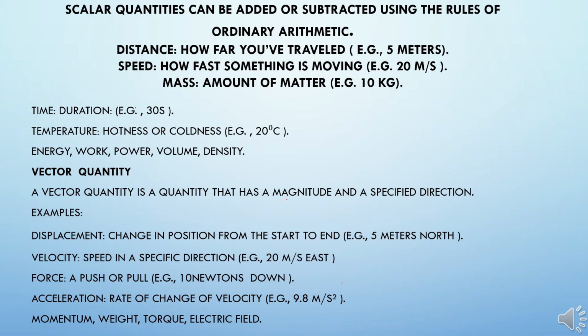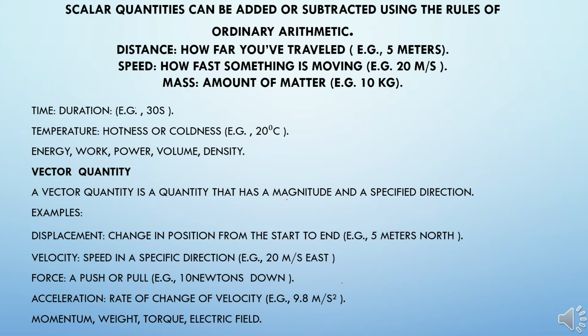Second example I'll talk about of a vector quantity is velocity. Velocity is speed in a specific direction. And so, in defining my velocity, I should get a magnitude, and I should also get a specific direction.